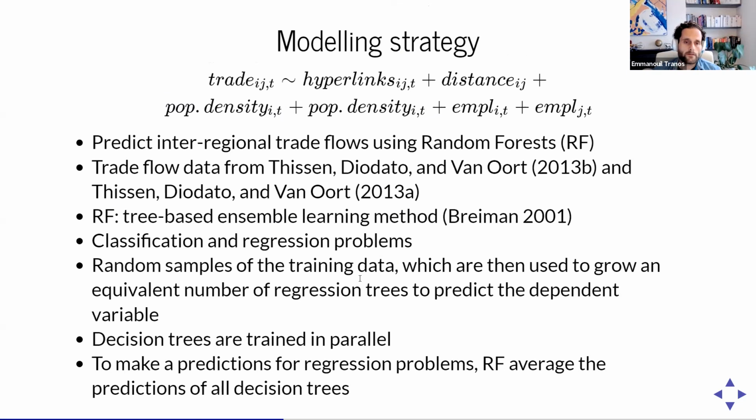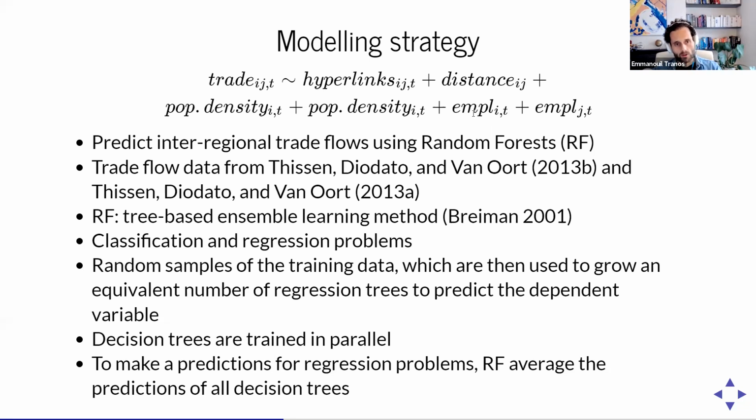So if this hyperlinks feature is the hyperlinks that we know exist between places I and J during time t, we also utilize some other mainstream predictors that we know from the literature are very well associated with national trade, such as the distance between these two places, the population density and the volume of employment in these places.